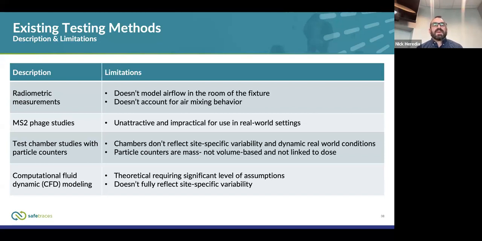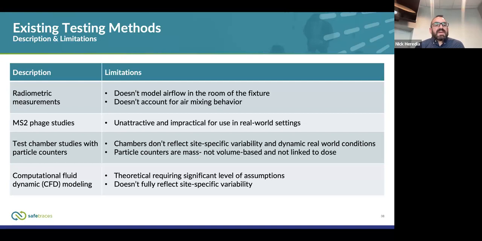MS2 phage is a great mimic, a biological microorganism that you could spray, but it's unattractive and really impractical for use in situ at the installation site, because no one really wants to hear that you're spraying a bacteriophage in the environment.